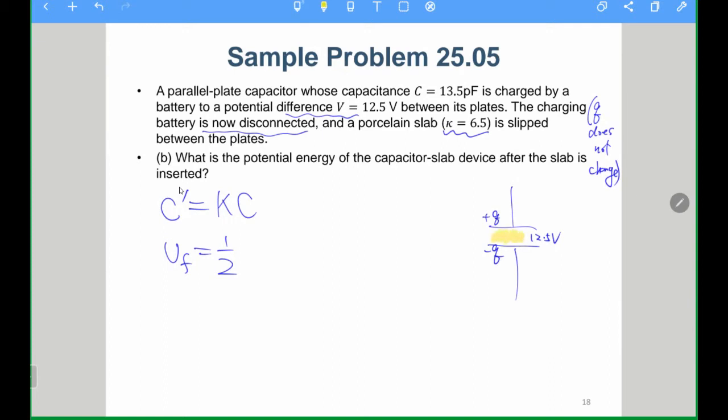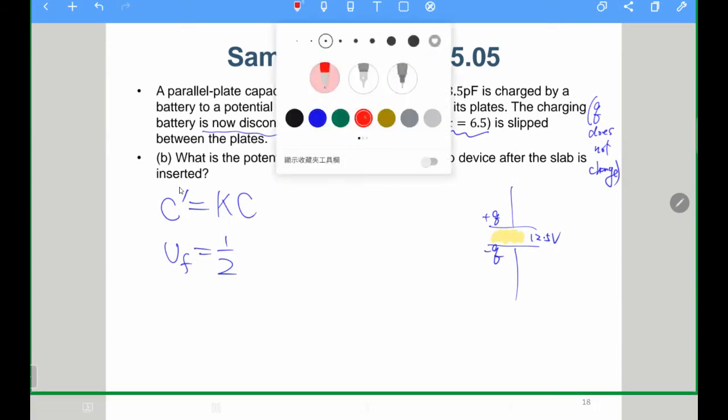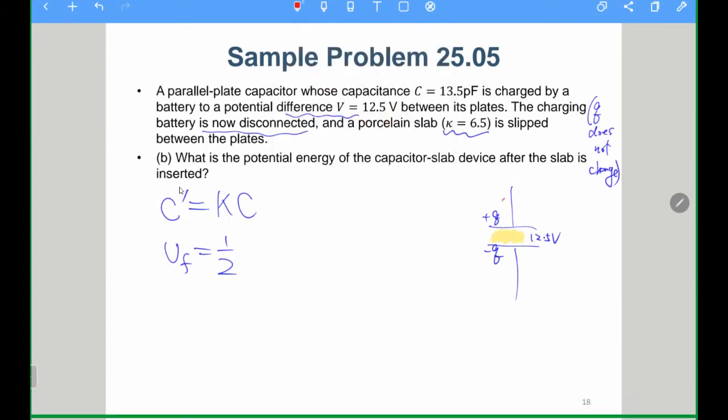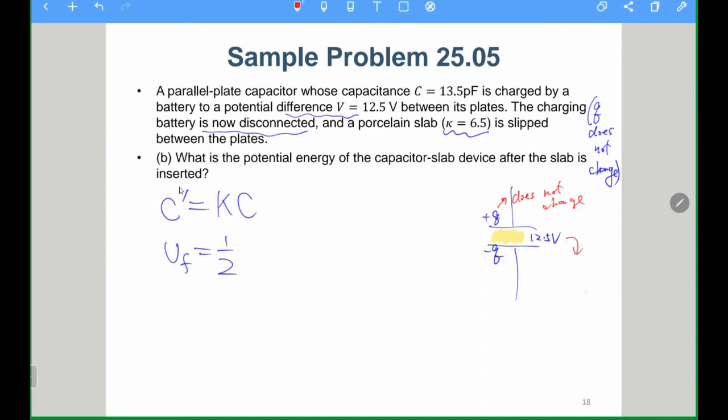And here, Q does not change. However, this voltage will change. This voltage will reduce because this capacitor becomes larger, since Q equals CV.